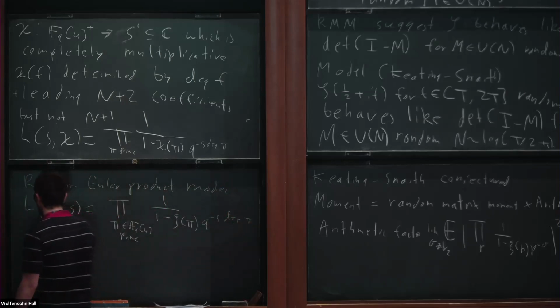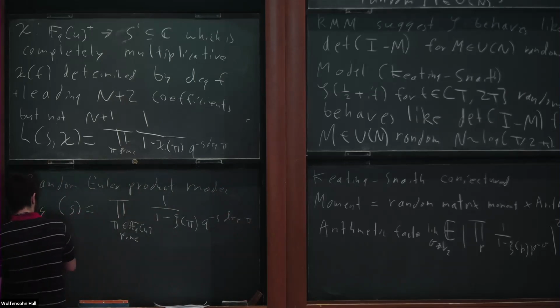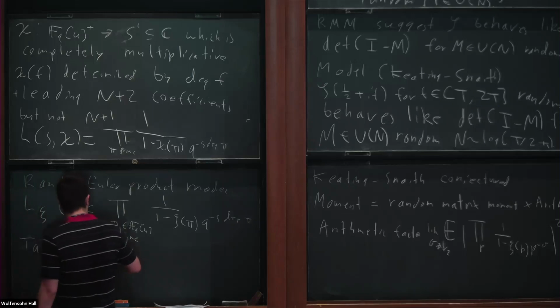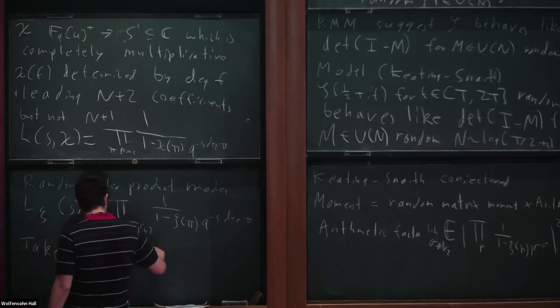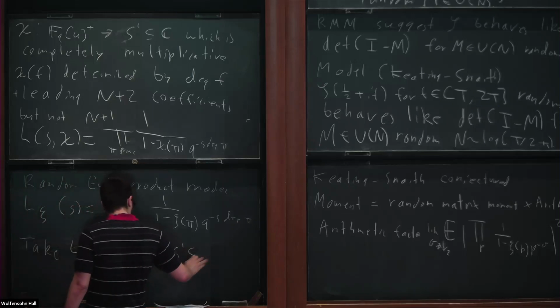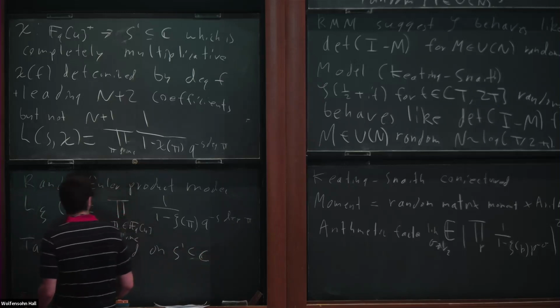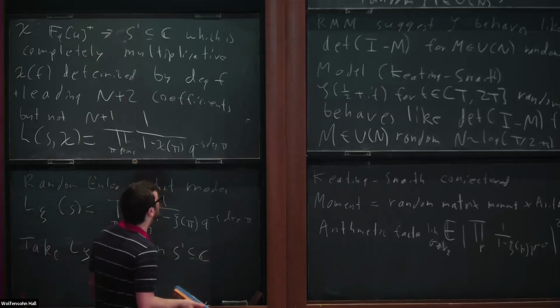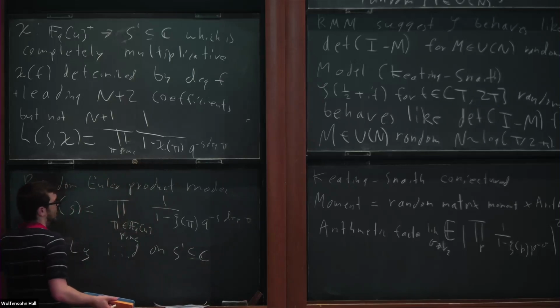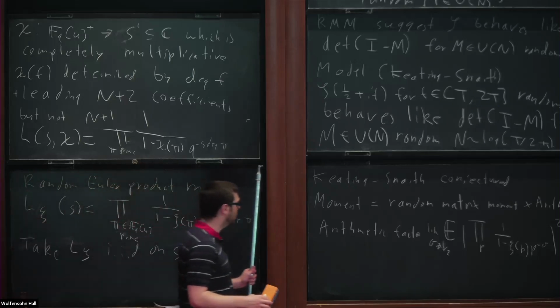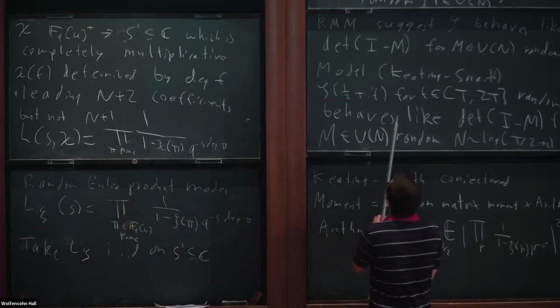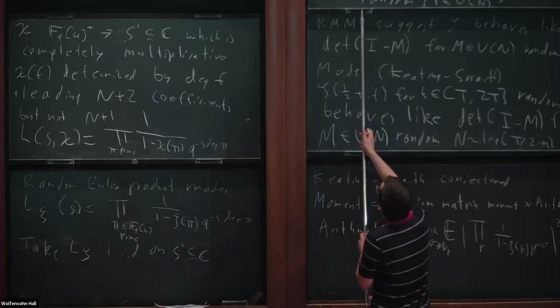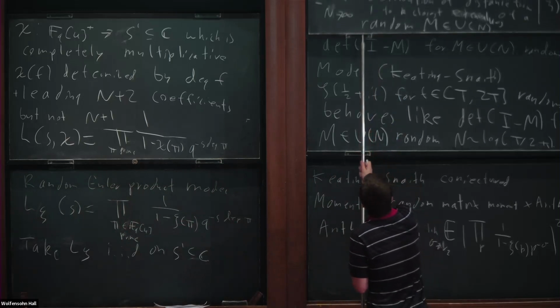And we'll take, so we consider c(pi) independent identically distributed on the unit circle inside C. So there's a random Euler product model in this setting, which looks very similar to the classical Euler product model.